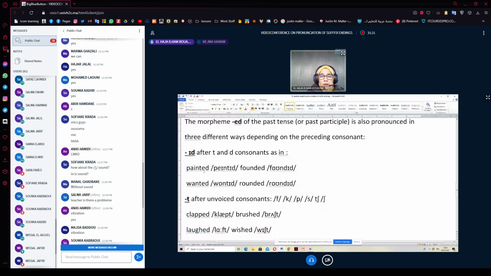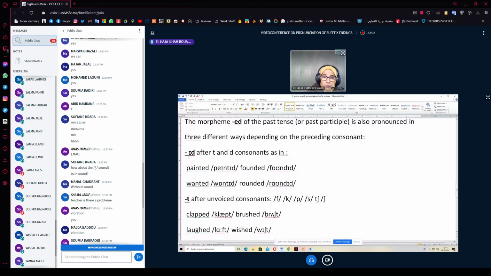Or founded, so you cannot. Here we have a cluster of two consonants produced by the same speech organ, similar in terms of speech production. That's why we add this e, a short vowel, to break the cluster of consonants, because we would have just t and d. So after t and d, automatically we produce id.